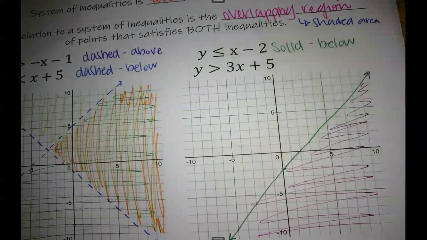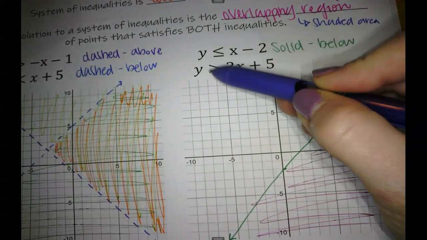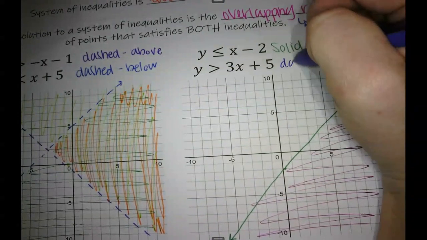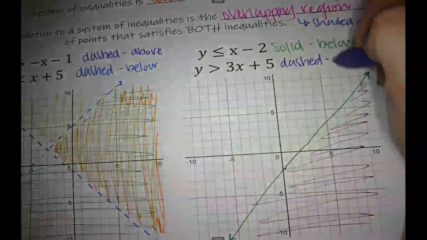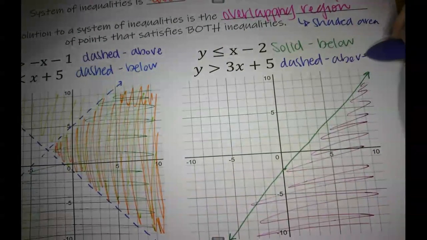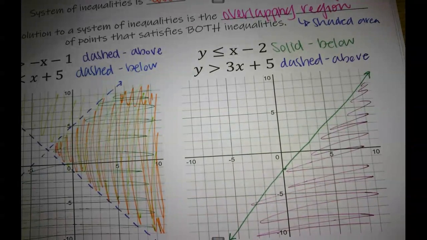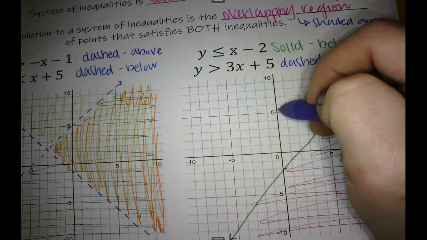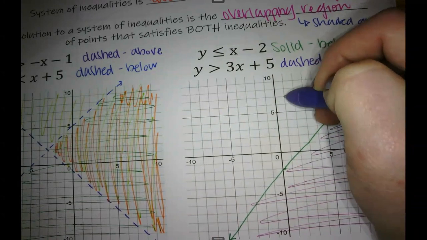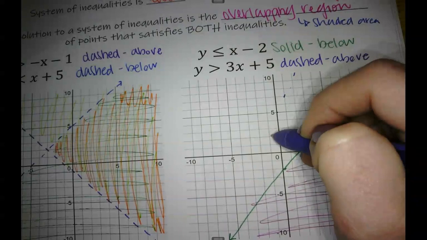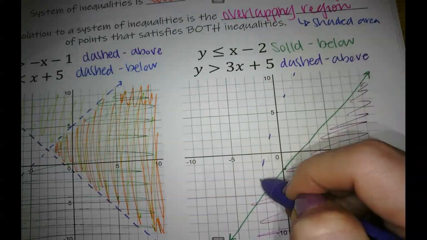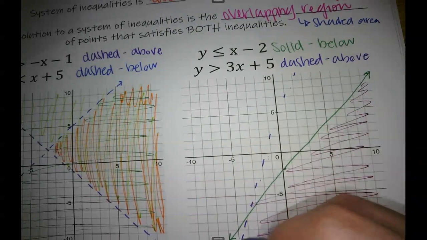All right, we have the second one. We don't have an "or equal to" sign, so it's going to be a dashed line. And we are greater than, so we're going to be shading above. And this line is going to be real like that.